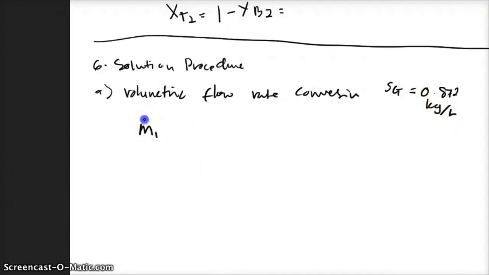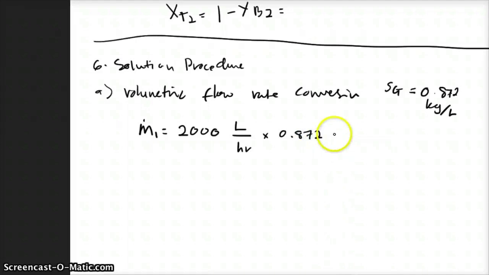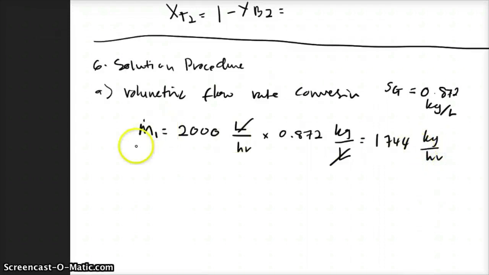So the mass flow rate is, it was given the volumetric flow rate, which is 2000 liter per hour, and then we can use it with the specific gravity, which is 0.872 kilogram per liter. So in the end you get 1744 kilogram per hour. So that's M1 solved.